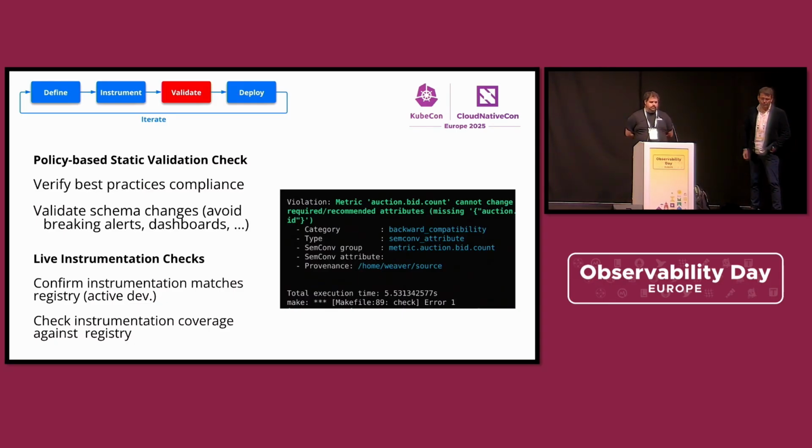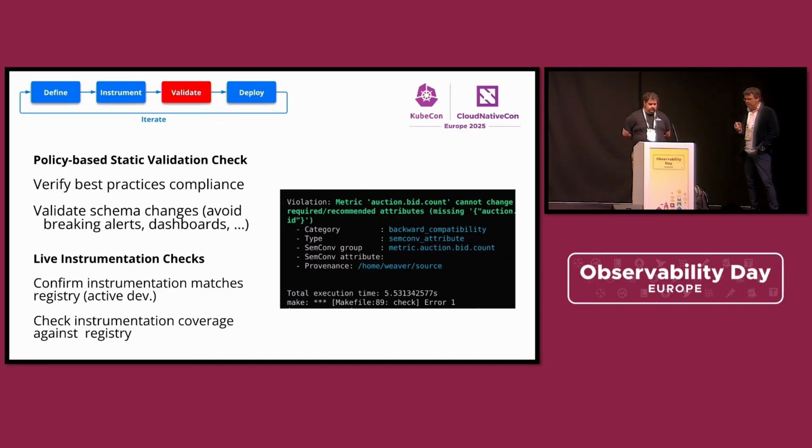It's a policy language currently supported by the Open Policy Agent. And we are reusing this language inside Weaver to control basically everything, from the naming conventions to making sure that every schema evolution follows the schema evolution rules.